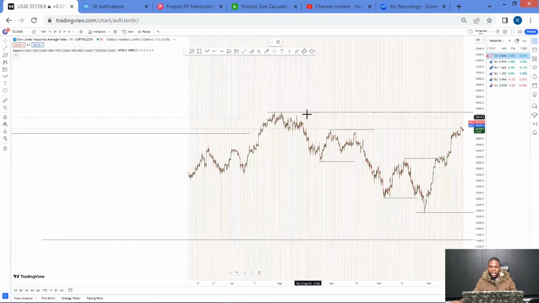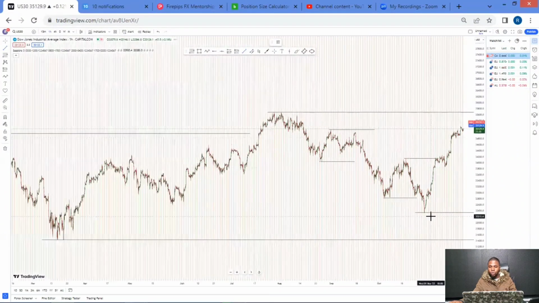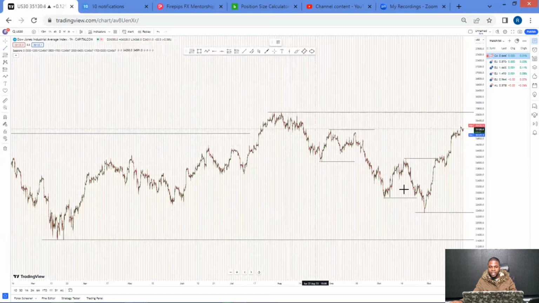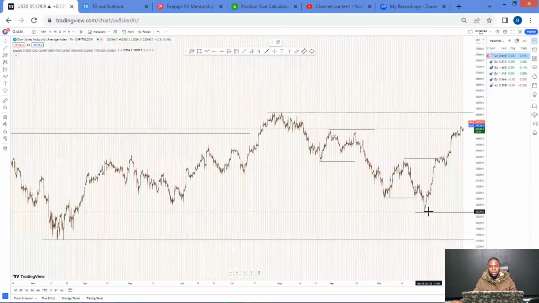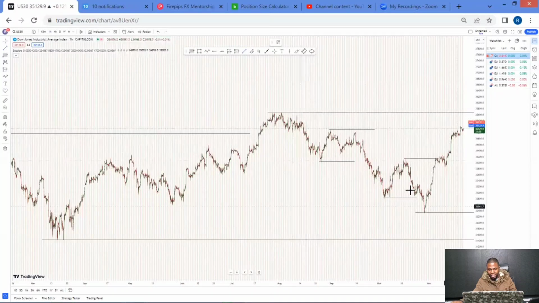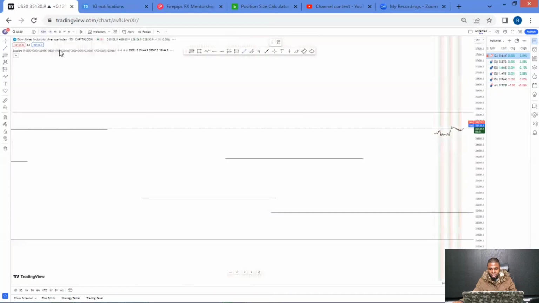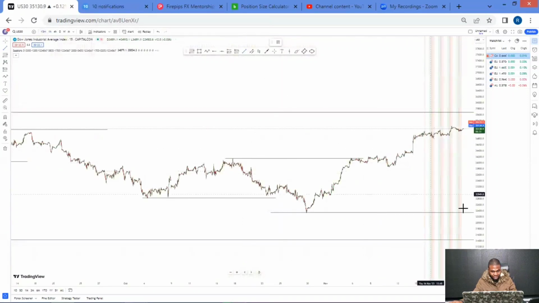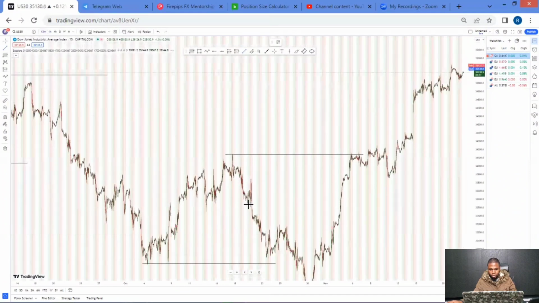This was a high and a low on the daily time frame, right? So inside this high and low, I marked out what? This high, this low, once again, right? So if we switch to 15 minutes, you see that even inside those ones, there's still structure there.